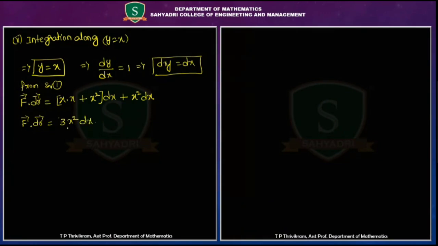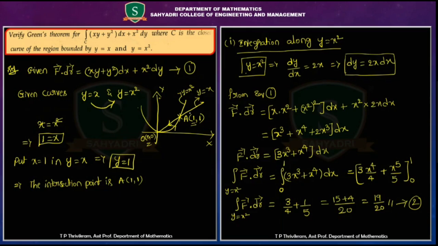Now apply integration on both sides. So integral f dot dr is equal to 3 integral x square dx. What are the x limits? We have to check here. So x varies from 1 to 0 here. So we are going from the point to the origin.